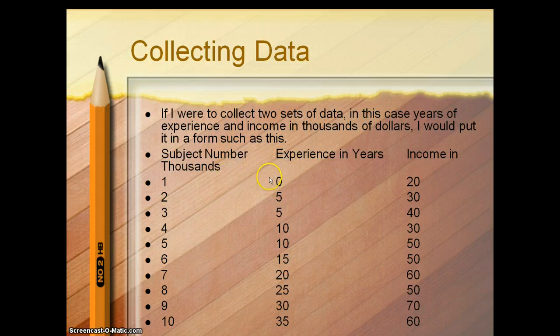So let's look at a real brief example. If I were to collect two sets of data, in this case, years of experience and income in thousands of dollars. For example, subject 1 has 0 years of experience. They make $20,000 a year. Subject 2 has 5 years. They make $30,000. On and on and on.